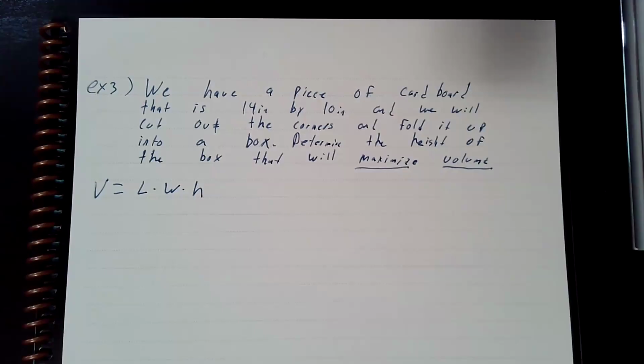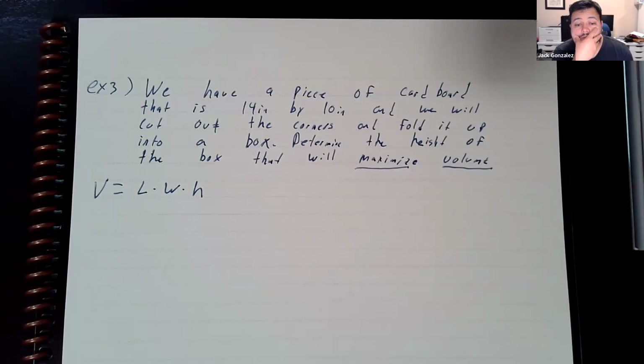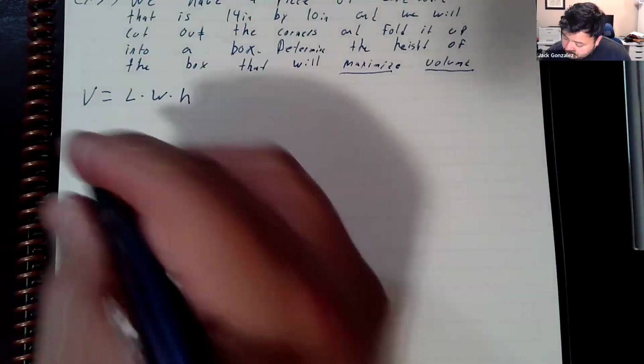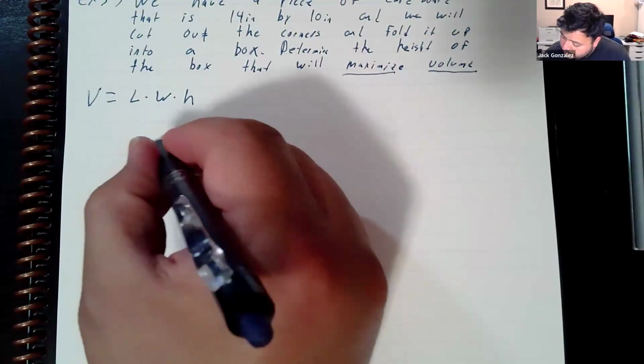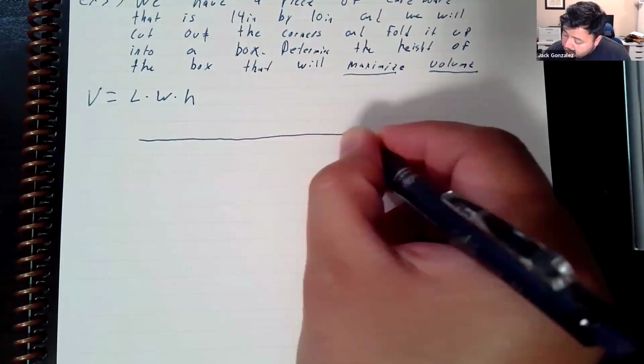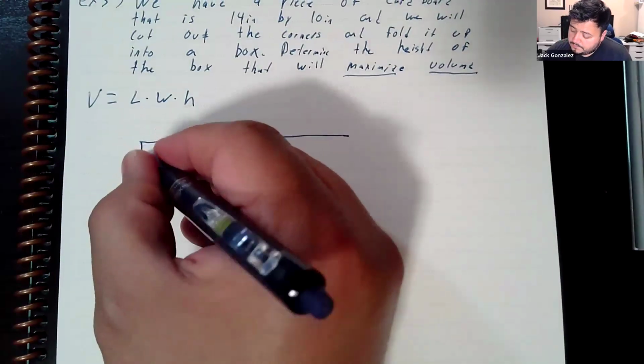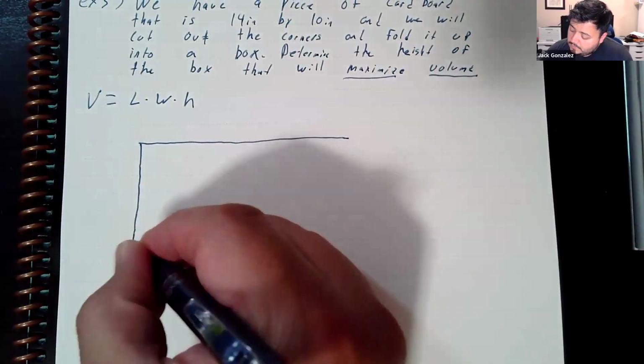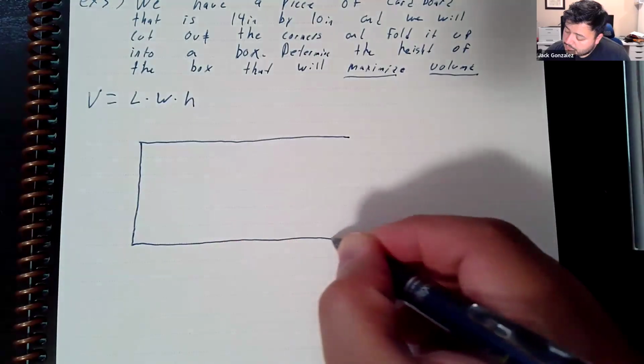It helps to graph or draw the figure. So I got a piece of cardboard. It could be a square, could be a rectangle, could be a cube, could be a rectangular prism. I don't know.